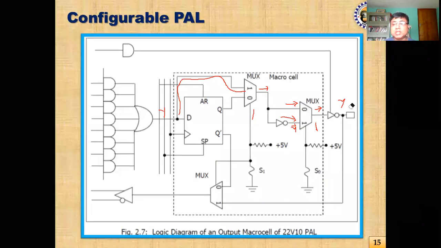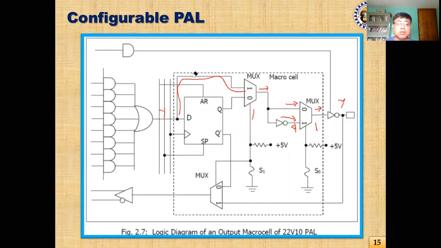So this is the combinational output, but in direct form. That means we have the 4 provisions. The output can be combinational or registered, and that is controlled by 0 and 1 over here. And 0 and 1 over here controls whether the output will be active low or active high.